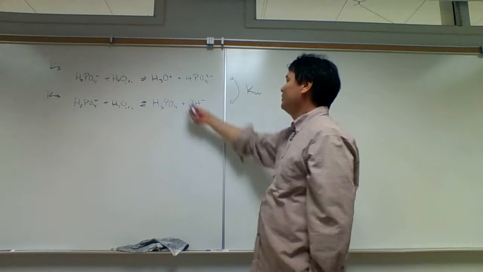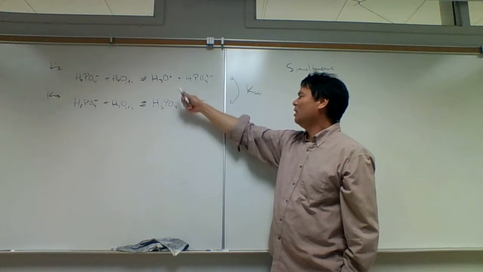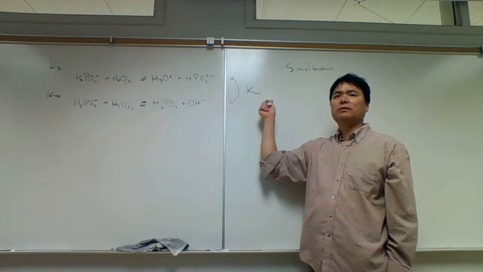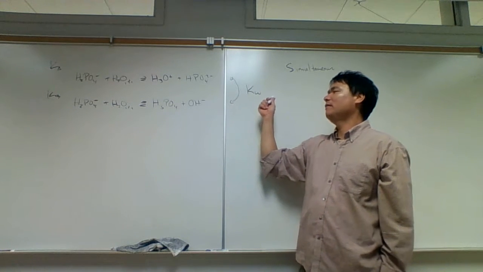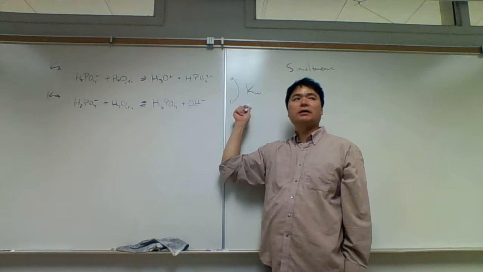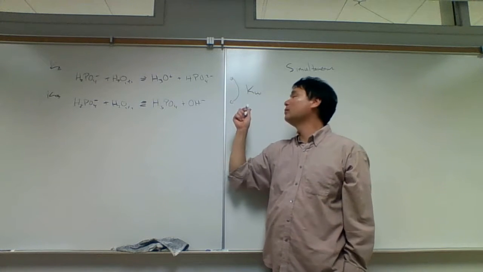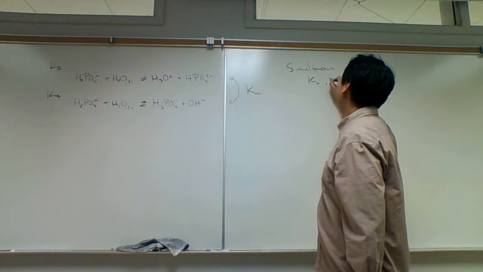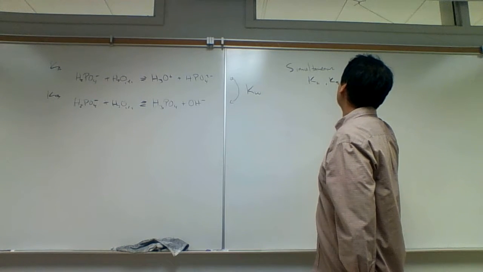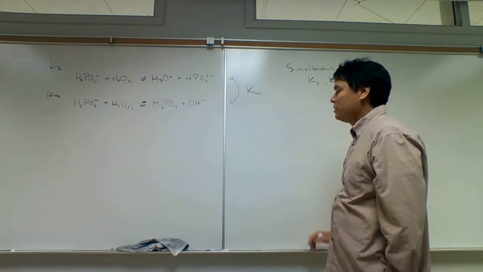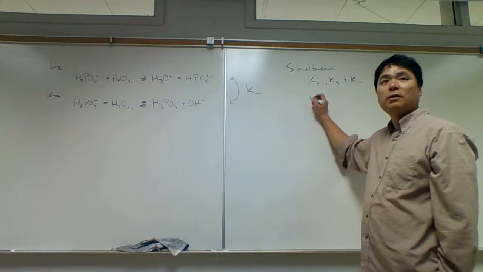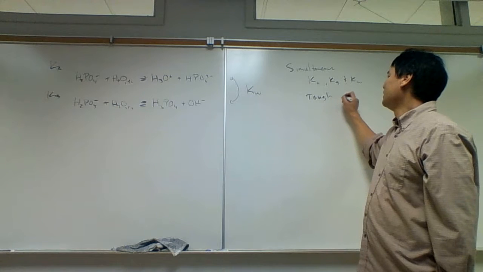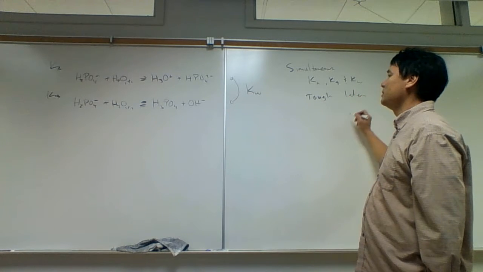We need a hydronium concentration and a hydroxide concentration that satisfies Kw. These three equilibria are connected by Kw, therefore we have to solve Ka, Kb, and Kw simultaneously. That means this is a tough problem to solve, but we're going to come back to this later.